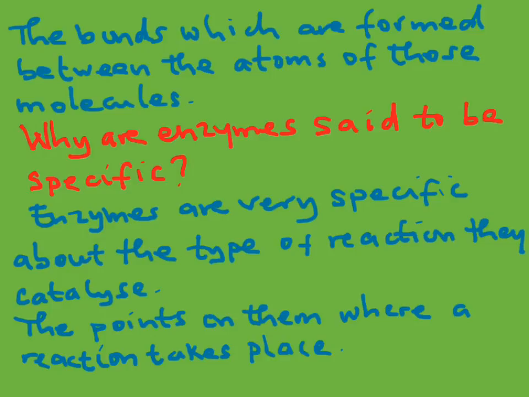So, I want us to understand here that an enzyme molecule has points where reactions take place. If we are talking about the specificity of an enzyme, it means that on the enzyme molecule there are areas, which we call points, on which reactions normally take place.